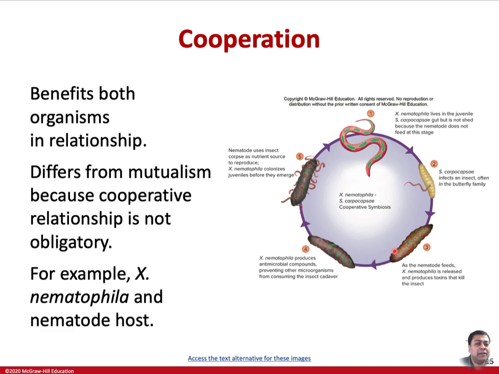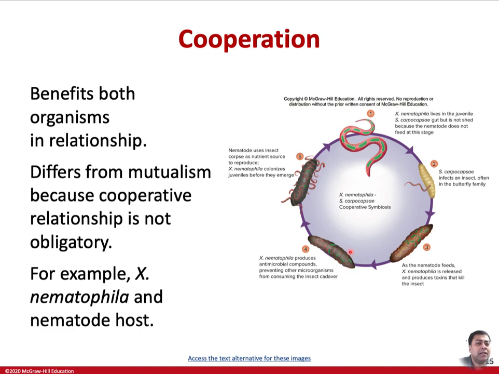But here is the interesting relationship. This bacterium produces an antimicrobial compound that prevents other microorganisms from consuming the insect cadaver. So this is a safe haven for the growth of the nematode as well as the bacterium.